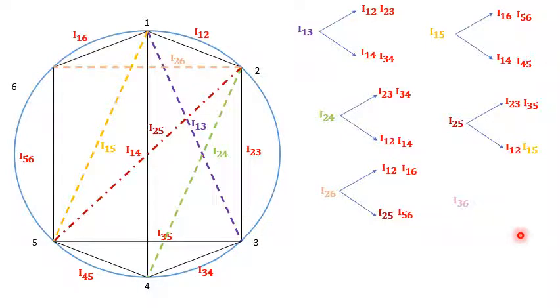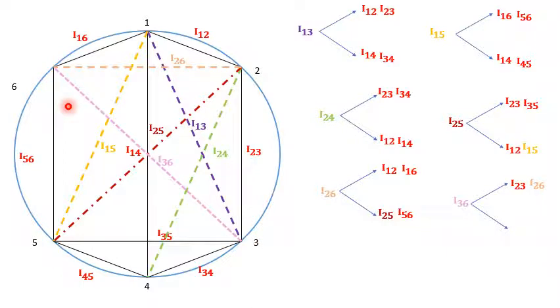So next point is I36. So we have to connect points 3 and 6. Draw a line between points 3 and 6. It gives I36. So we have two triangles. One is I13, I16. Another one is I35, I56.